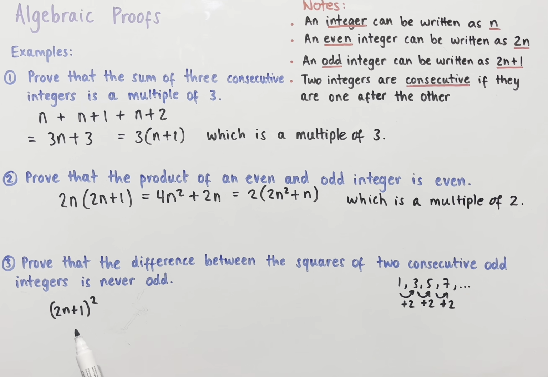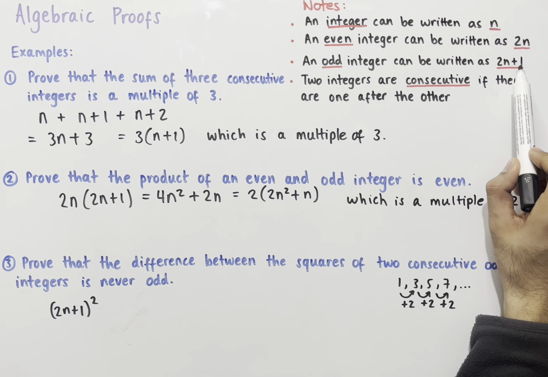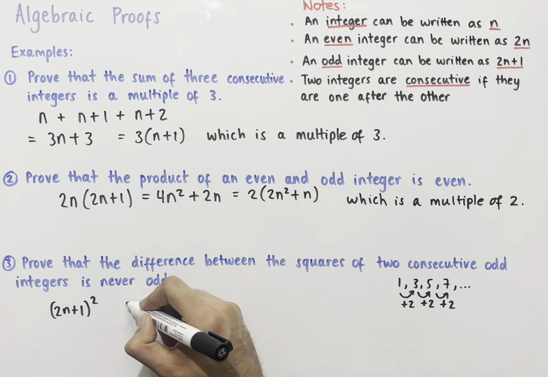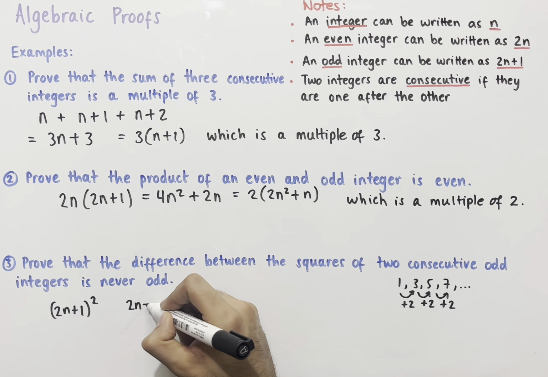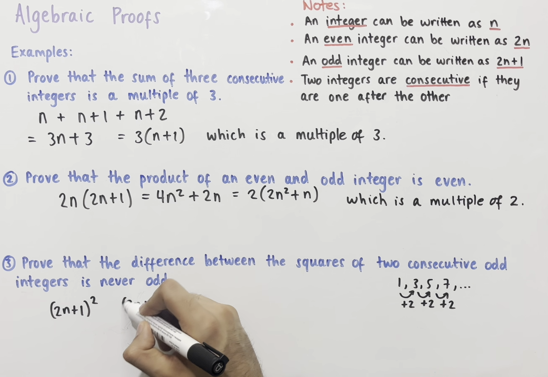So if we wanted to write an expression for 2 consecutive odd integers, we would need to add 2 to this expression here. So 2n plus 1 plus 2 gives us 2n plus 3. And writing that over here, we now have 2n plus 3. Again, since we're looking at the squares, we're going to square this.